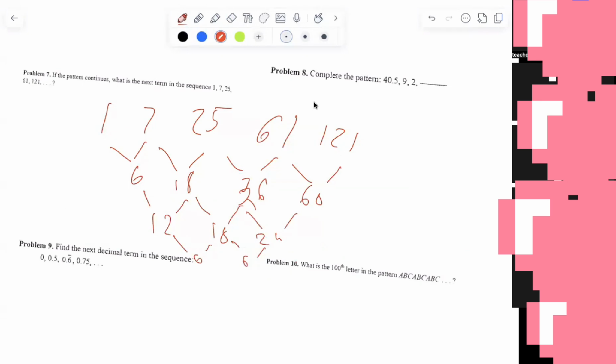Because it's 24, next one's 6, so this is going to be 30. Then 60, this is going to be 90. 121 plus 90 gives us 211.